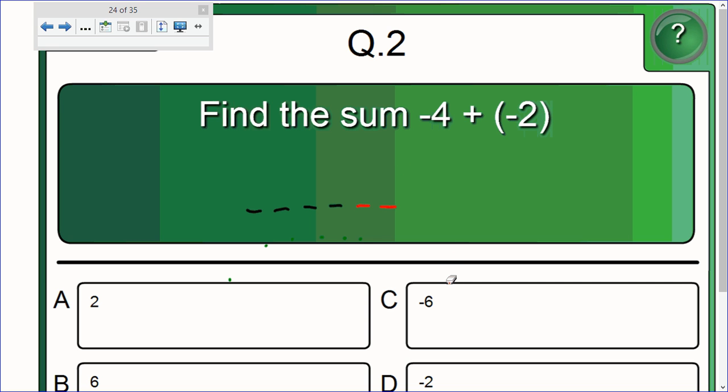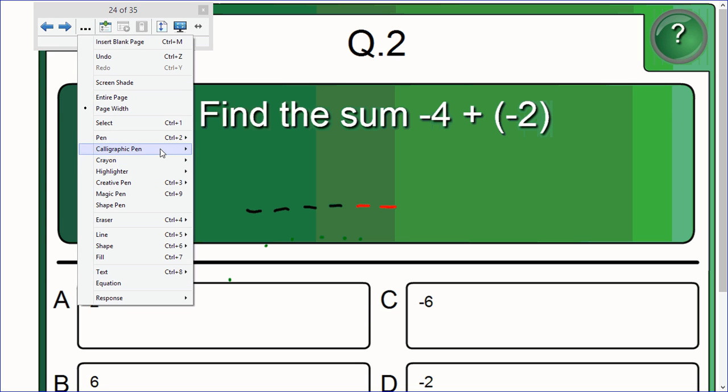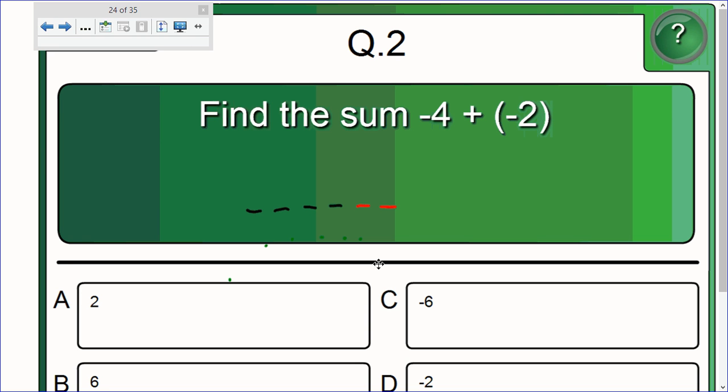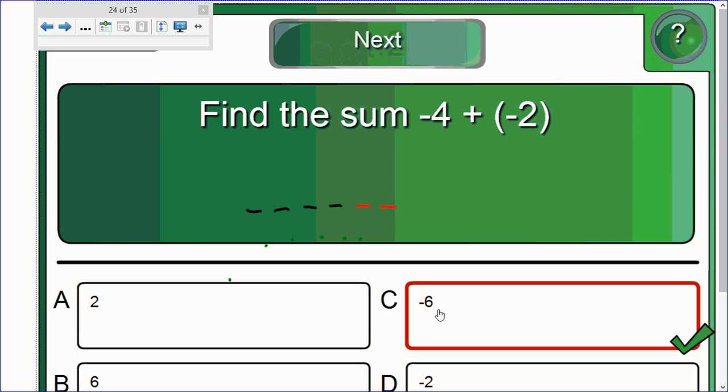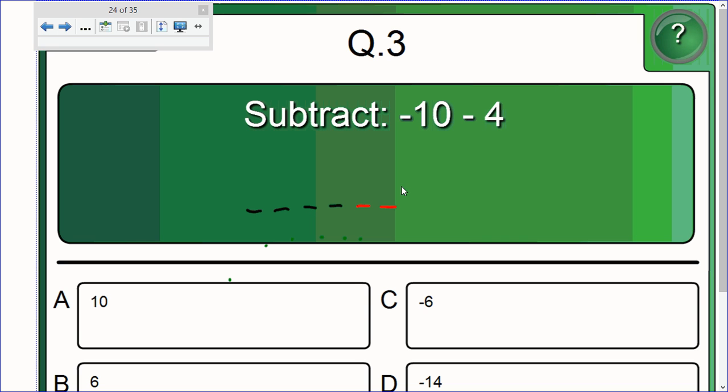So if I press C and let me get my select tool back. Okay, that would be my answer, negative 6. So now we got to do subtraction.